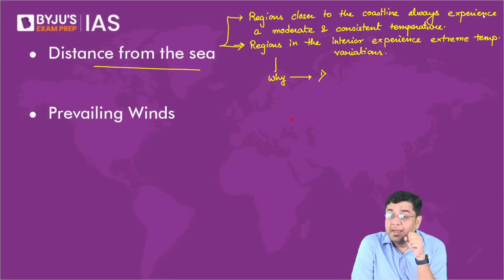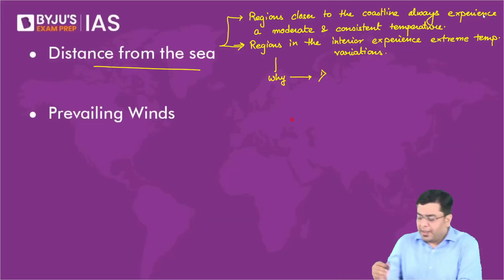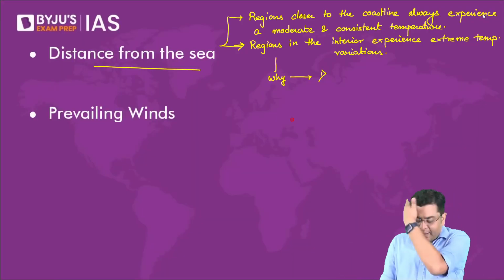We talked about the fact that water vapor is able to retain heat for a longer period of time, and a significant amount of heat is retained. So, because of that high presence of moisture, they are able to retain heat and have a consistency in temperature range. Okay, so these are the two factors basically.